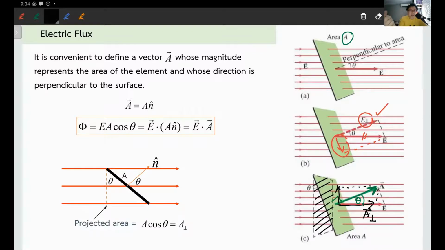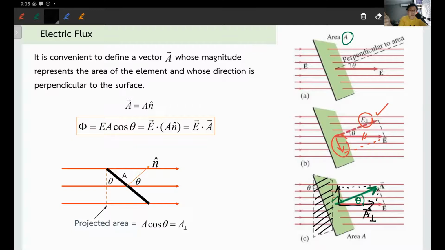In figure B, you are breaking the electric field into components and you only consider the component of the electric field that is perpendicular to the surface. In figure C, you keep the electric field fixed, and then you only consider the component of the area vector that actually represents the surface that is perpendicular to the E. But no matter which direction you take, you're going to end up with the same result.